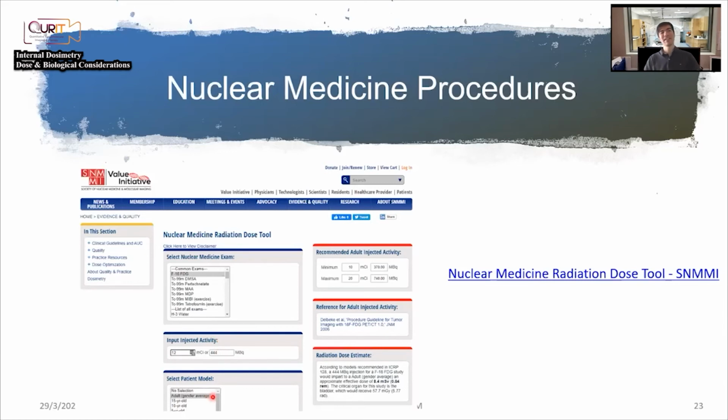Of course, there are models for adults, there are models for kids, and it will give you a value here, the radiation dose estimate. Based on the input that I gave, in this particular scenario, there's an effective dose of more or less 8.4 millisieverts. But you can go and give it a try for many different procedures. That's of course not personalized. It's just taking the average human.